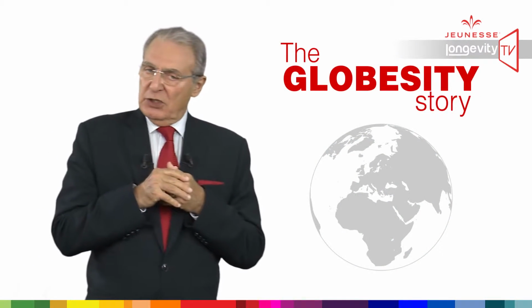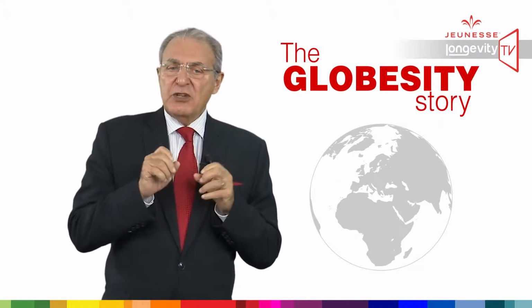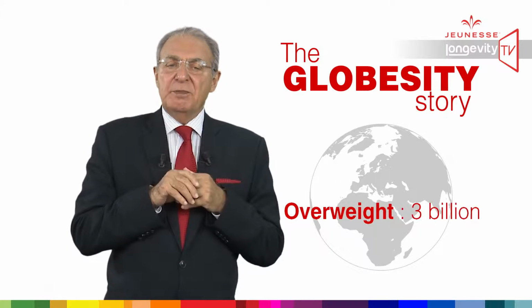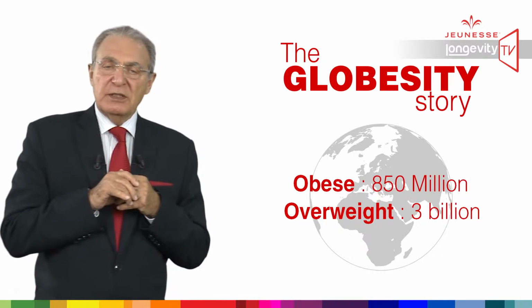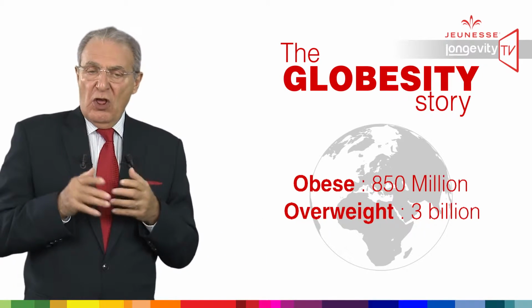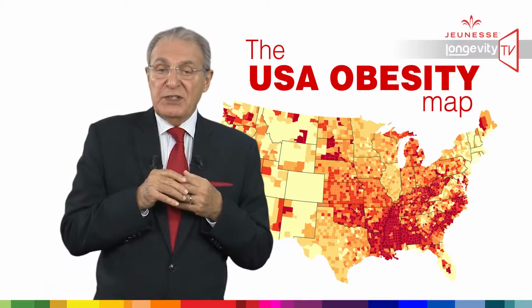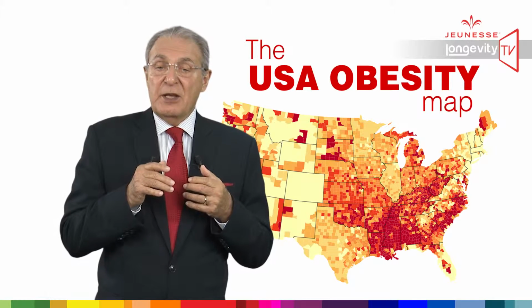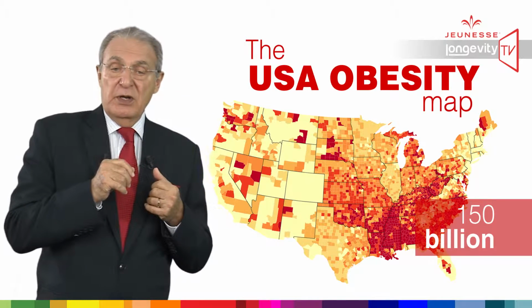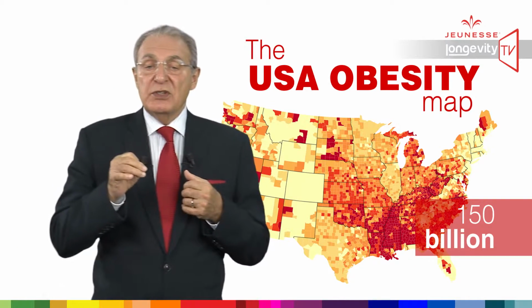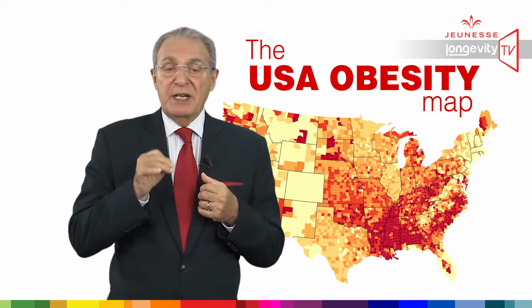Think about today. There are in the world about 3 billion people overweight and 800 million really obese. The cost of obesity in the United States is about $150 billion per year, which is 10% of the total US medical cost.